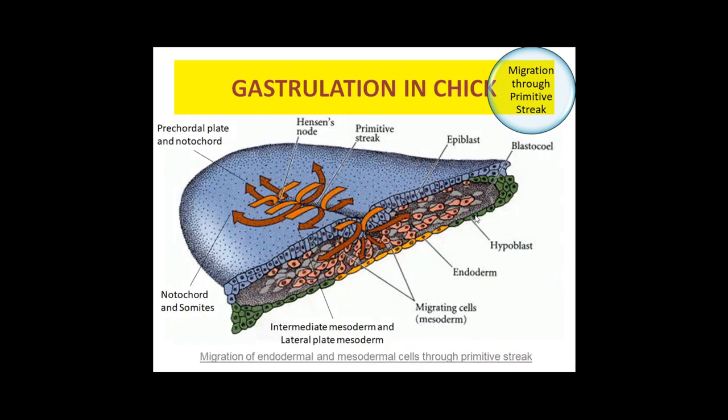This figure also shows migration through the primitive streak. A stereogram of a gastrulating chick embryo showing the relationship of the primitive streak migrating cells and the hypoblast and epiblast of the blastoderm.